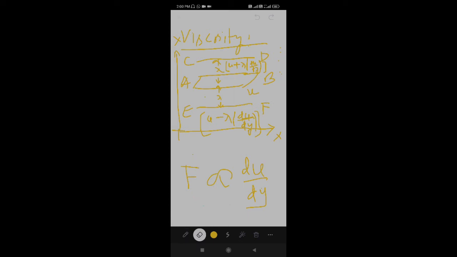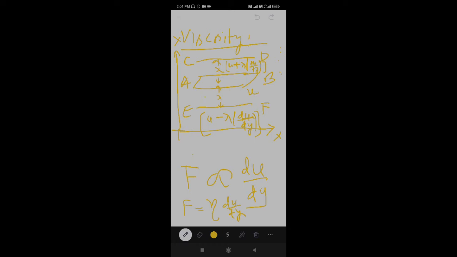Whenever you remove this proportionality sign, you write a proportionality constant, which is called the coefficient of viscosity. Now I am removing the proportionality sign, so I am introducing one proportional constant, eta, into du by dy. You may ask me one question: sir, here we have a large surface, so where is this force acting on that surface? This force is acting on the unit area of that surface.